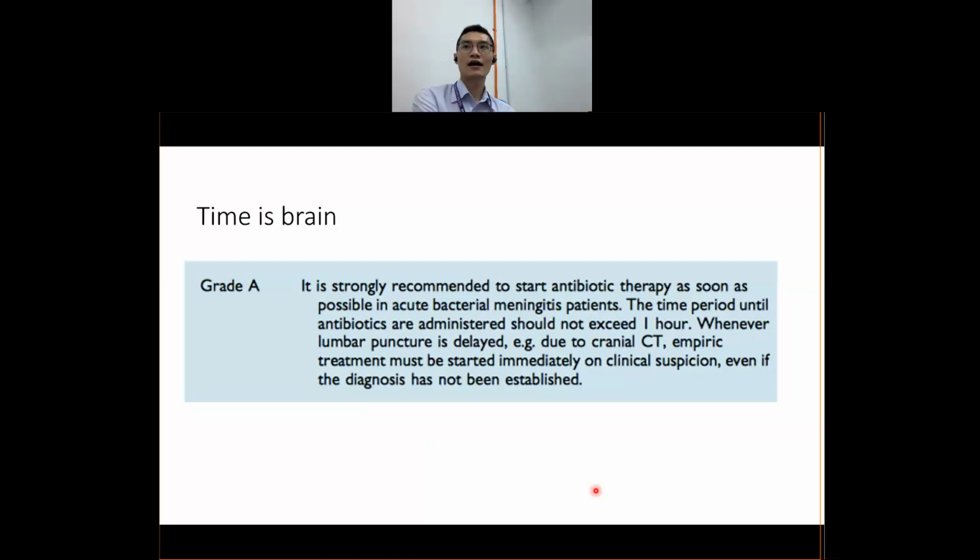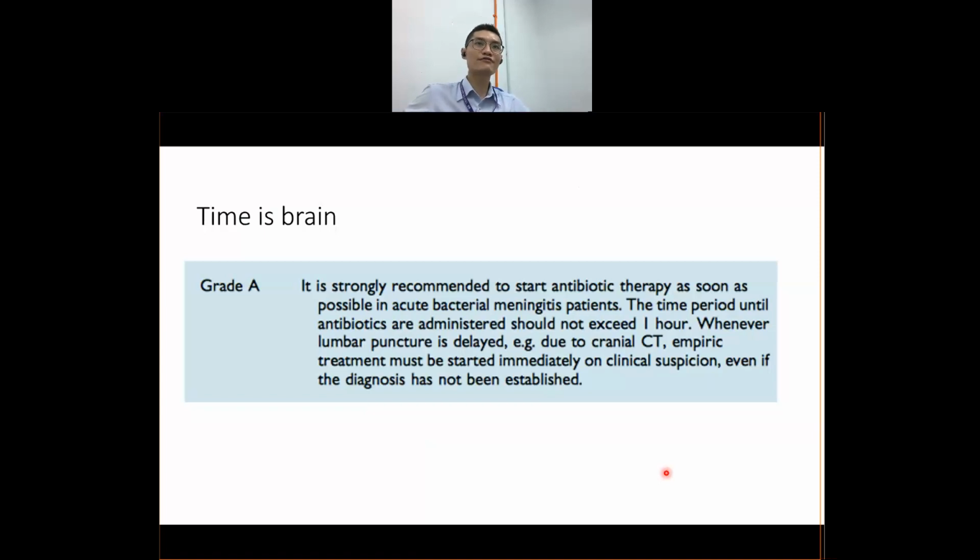And authoritative guidelines around the world strongly recommend starting antibiotics as soon as possible in acute bacterial meningitis patients. They say it should not exceed 1 hour. So if you have a patient coming in through the emergency department that you suspect is having bacterial meningitis, antibiotics should be given within 1 hour. All right.